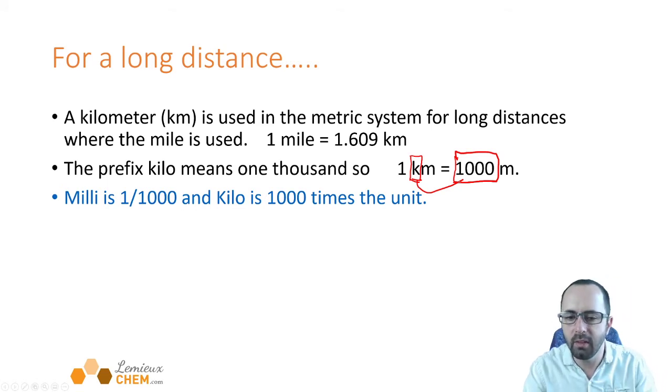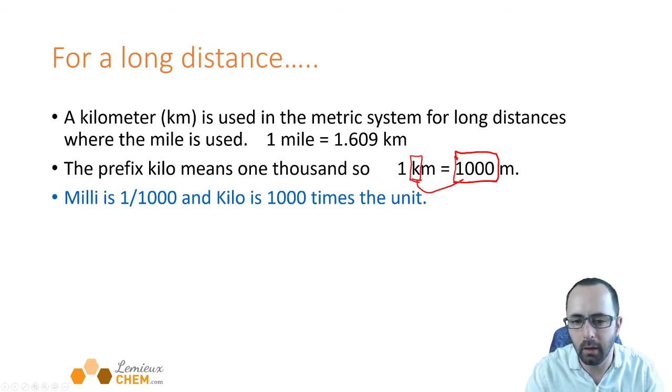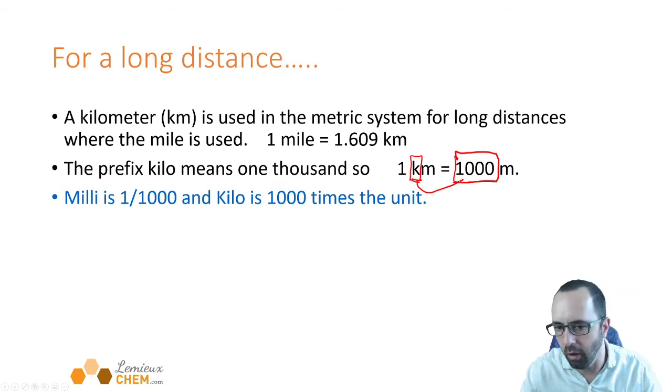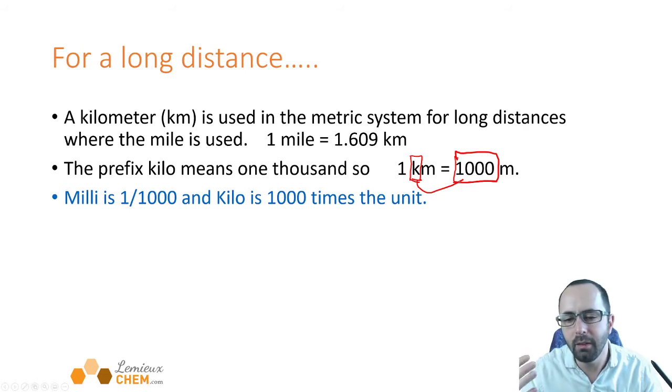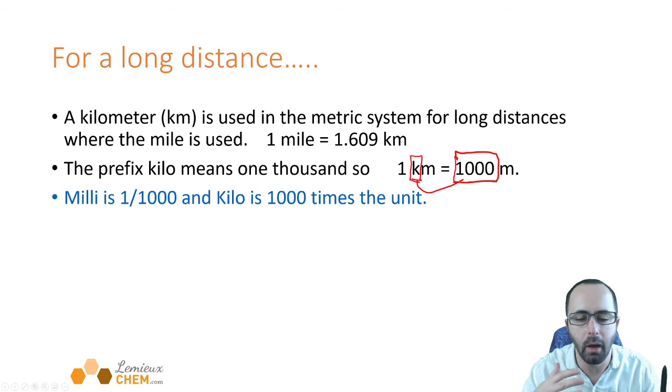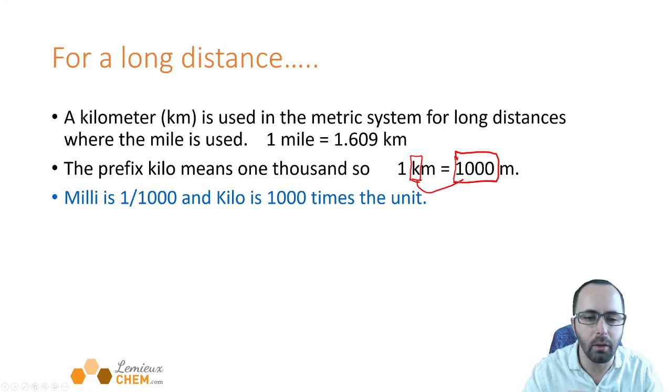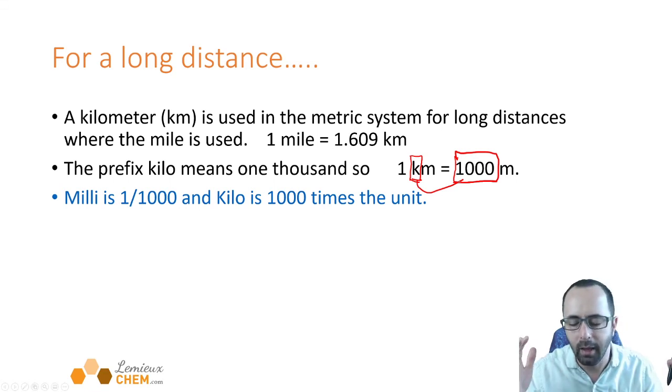And notice how convenient this is compared to feet and yards. We're talking about millimeters, centimeters, kilometers. They're all related to each other by 100 or 1,000. This is really, really easy to deal with. It's always easy to multiply or divide by 1,000 or 100 because we can just move the decimal essentially. But if you're talking about lengths in the imperial American system, okay, how many feet are in a yard? 3 feet in a yard.